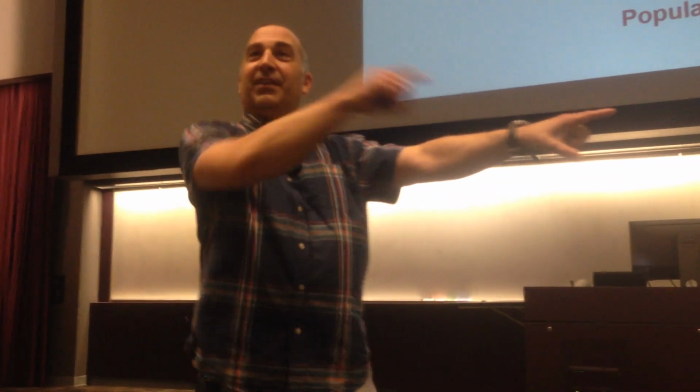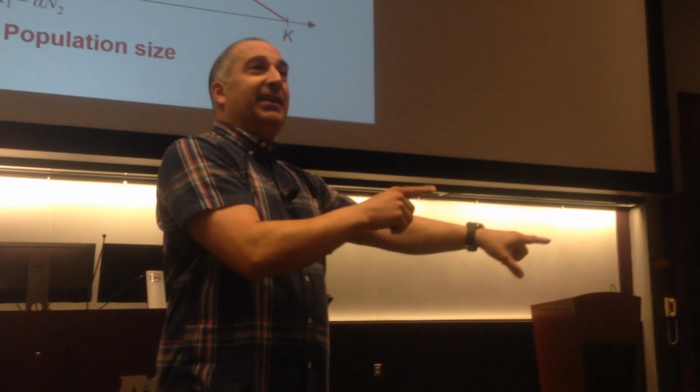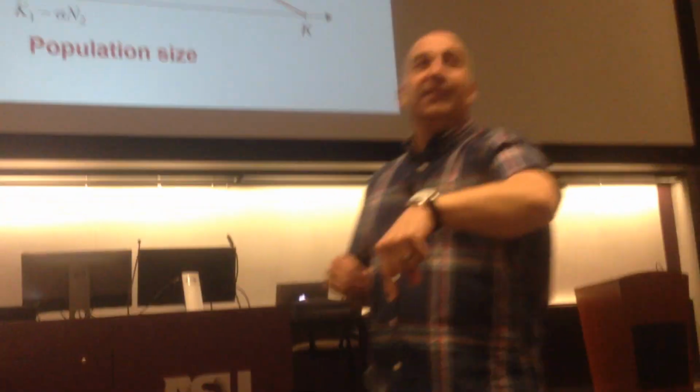And for us to compete with them and still be able to survive in that environment, they have to be limited by something else besides the resources that we need, that keeps their K so low that they don't outcompete us.